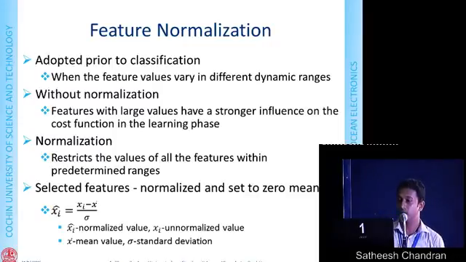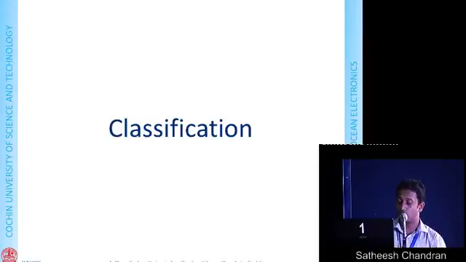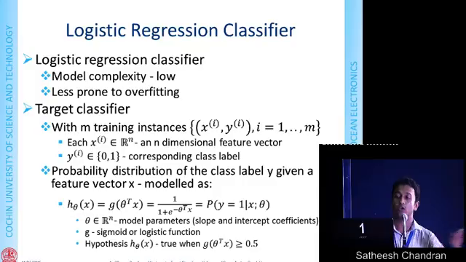Using the mean and standard deviation. After this normalization, we move on to the classification stage. The classifier for this purpose is the logistic classifier because it has a low complexity and is less prone to overfitting compared to artificial neural networks. Consider a logistic classifier with m training samples, where x_i are the training samples and y_i are the class labels.